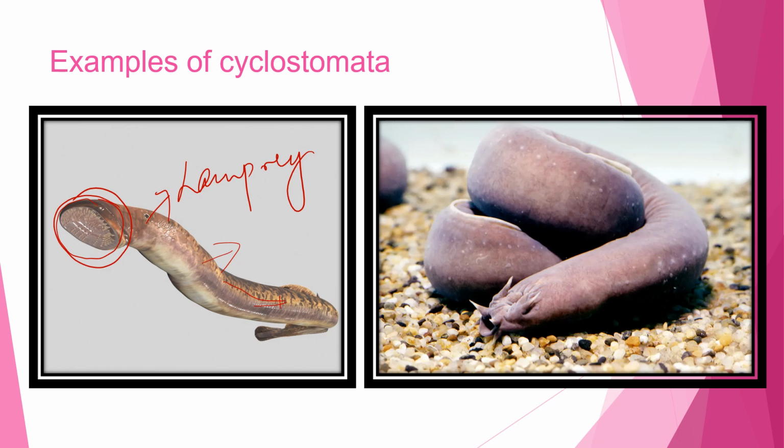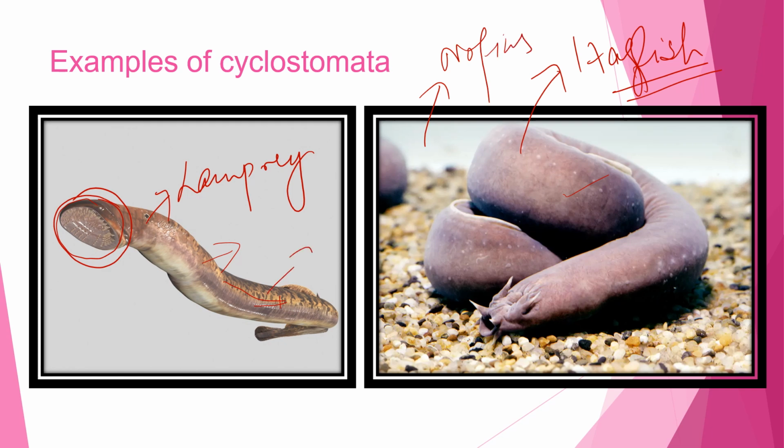This is hagfish. Though its name is hagfish, it doesn't have any fins. No fins and no scales are present. You can match the characters with these examples: the body is smooth and slimy, the mouth is round with suckers, and no paired appendages are present.